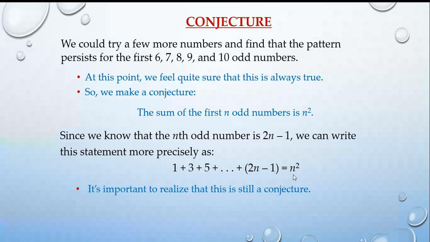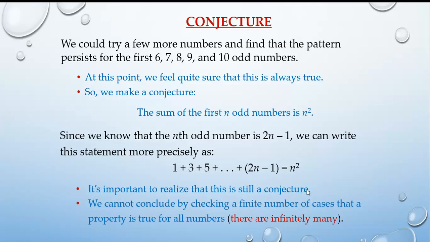Now it's important to realize that this is still a conjecture. We can't conclude that it is true for all numbers by checking a finite number of cases, because here we take some numbers, add some odd numbers, and conclude that it will be n squared. Only for finitely many numbers can we conclude that.